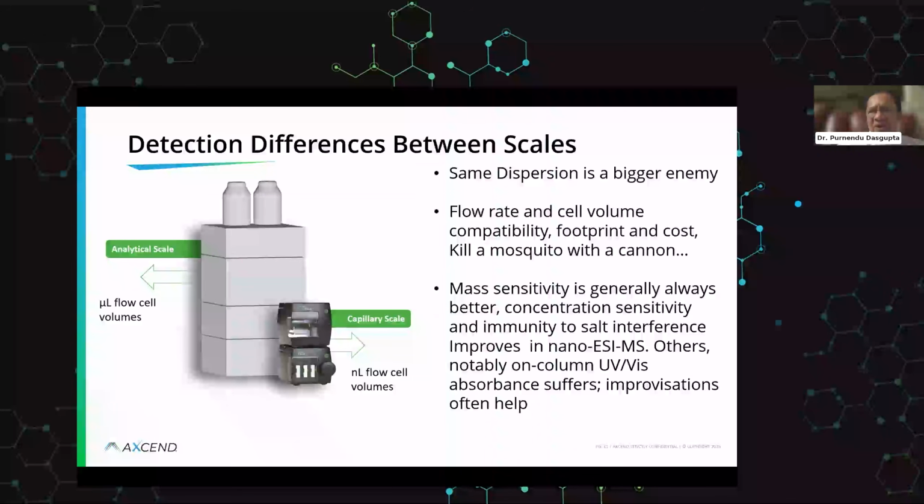In the micro scale, it becomes increasingly more and more difficult. In many cases, you can't have a separate detector. You pretty much have to detect on the column, or right as things exit out of the column. You cannot be connecting a separate detector because that connection will kill all the separation you've done.